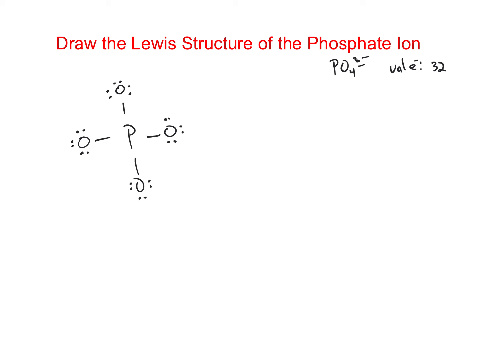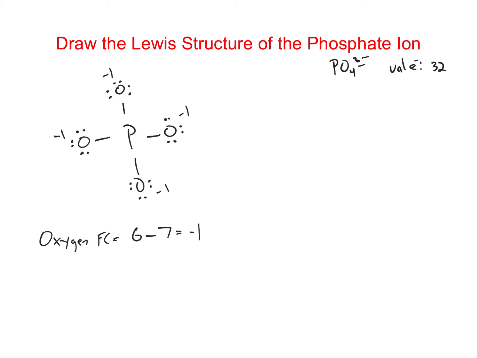So all the oxygens are the same. 6 balls, 1 stick. So for the oxygens, we have 6 minus 6 balls, 1 stick. So 6 minus 7 is -1. So all the oxygens have a -1 formal charge.